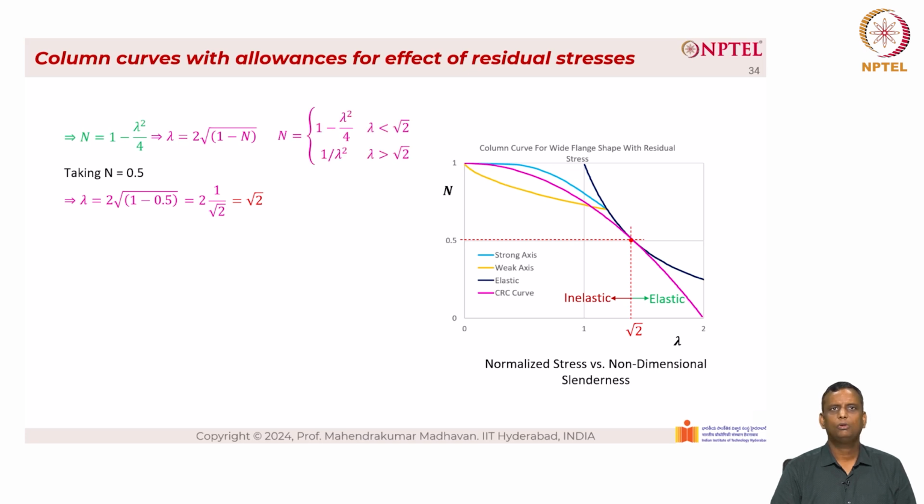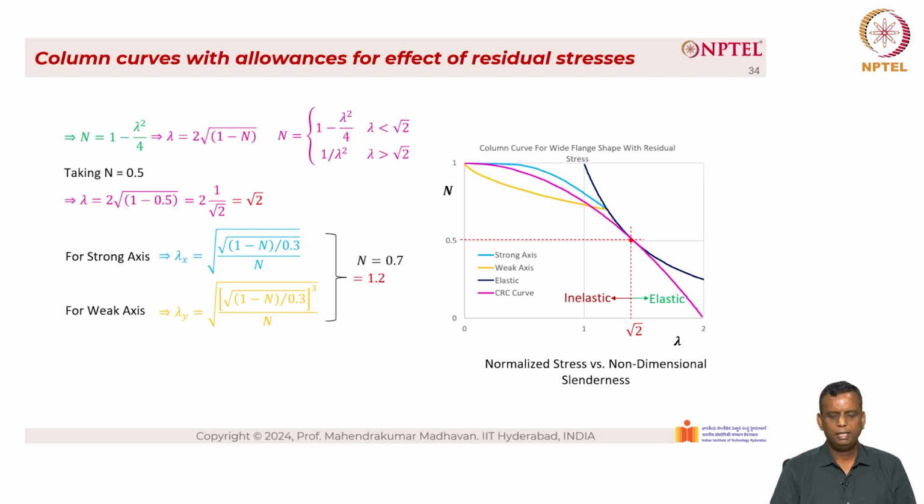So we have n equal to 1 minus λ²/4 for λ less than root 2 and 1/λ² for λ greater than root 2. For strong axis, we have λx equal to root of (1 minus n divided by 0.3) divided by n. And for weak axis, we have λy equal to root of ((root of (1 minus n) divided by 0.3) to the power 3) divided by n.